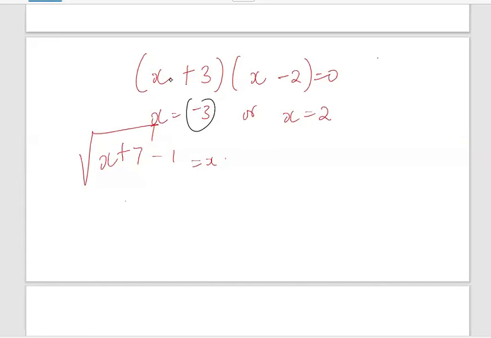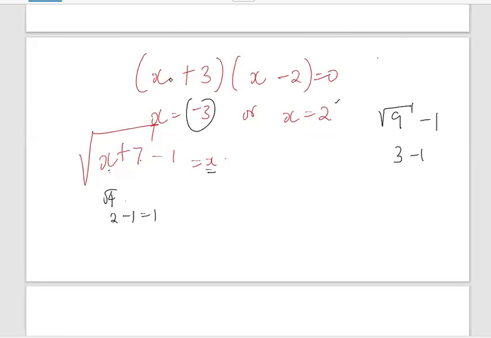So you know that a negative 3 plus a 7 is a 4. Square root of 4 is a 2. 2 minus 1 must give us a 1. In this case, our 1 is not the negative 3. When you try with a 2, 2 plus 7 is going to be square root of 9 minus 1.